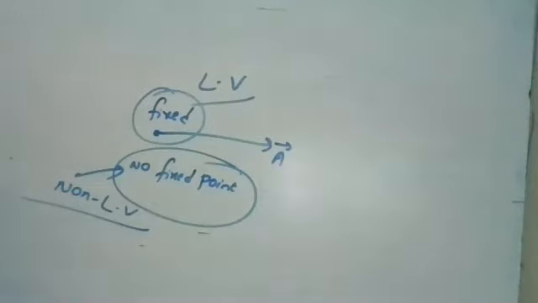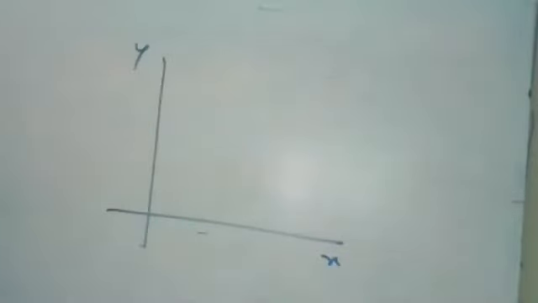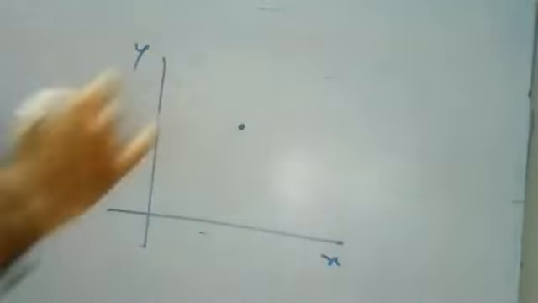And the last one, position vector. A position vector is when we discuss any vector with respect to the origin. For example, I'm drawing a graph with an x-axis and a y-axis. Any point or object is somewhere in the graph.